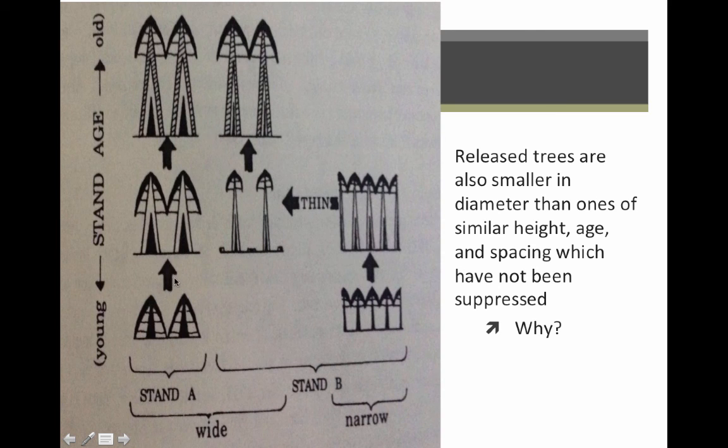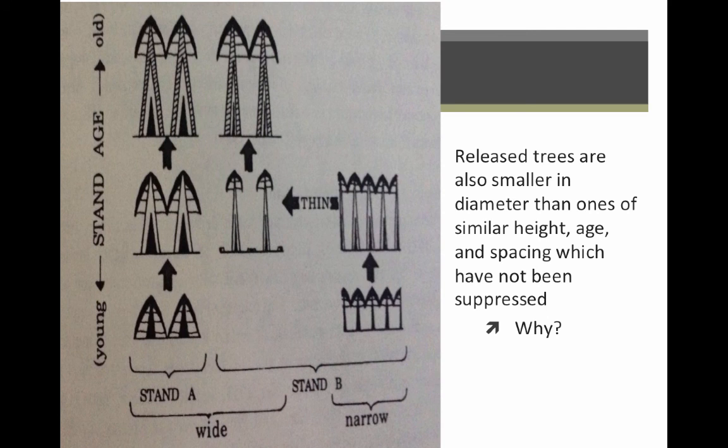As we move up, we see stand A doesn't ever get thinned. So we see a difference. Whereas stand B, they begin competing, there's a thinning, and while these trees are of a similar height, they're of a smaller diameter.